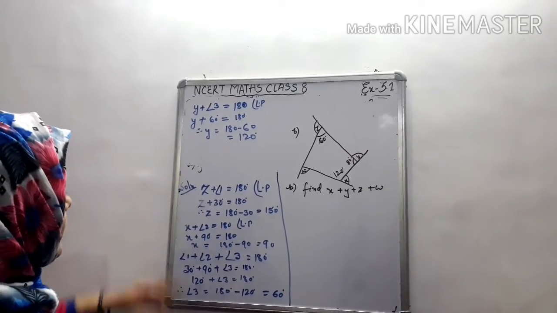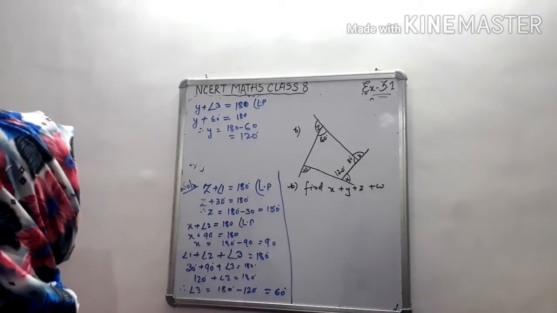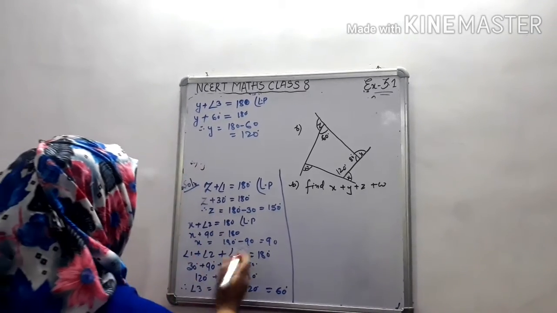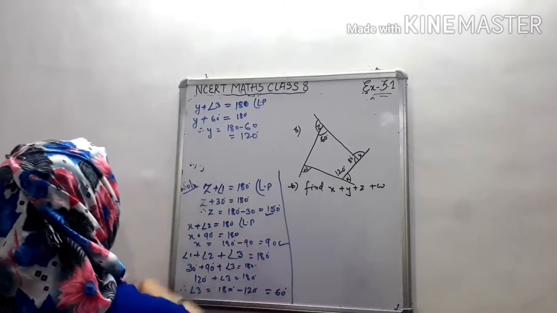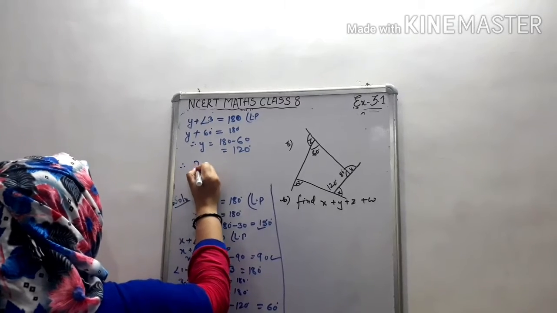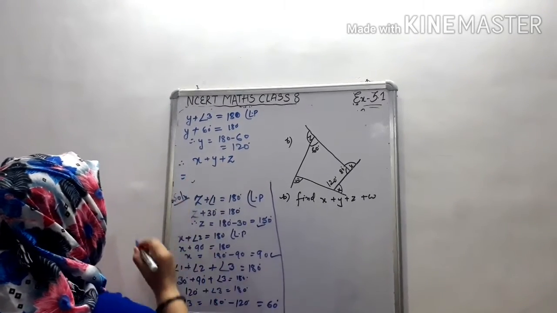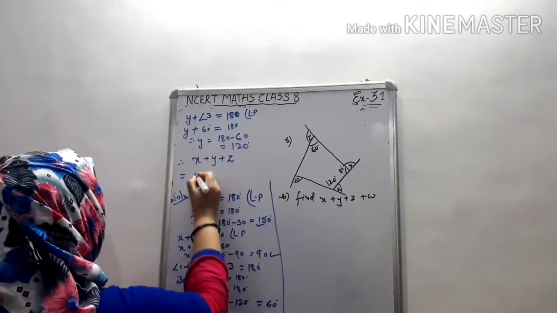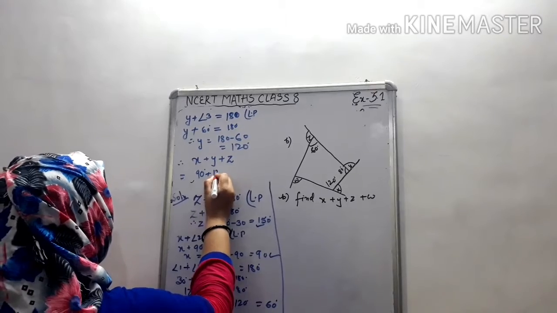But here the question was saying, find the value of x plus y plus z. We have to add the values of these three. x, z and y are given. Therefore, x plus y plus z. What is the value of x? 90. y is 120 degree.